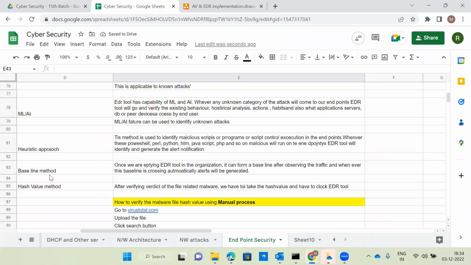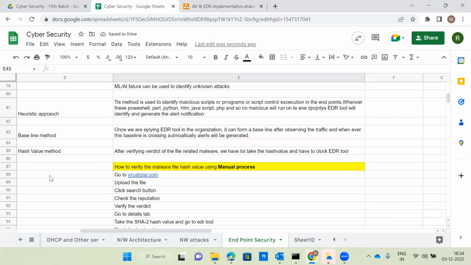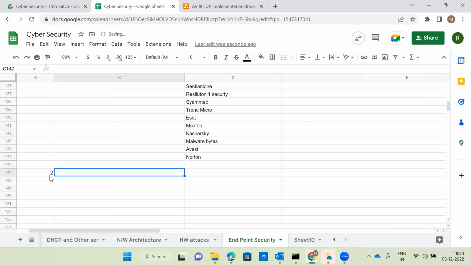Next one is DLP, the second solution in endpoint security. The full form is data loss or data leak prevention. Whenever any data breach or data leak happens, in that scenario we have to identify what type of data breach, data exfiltration, or data leak is happening.